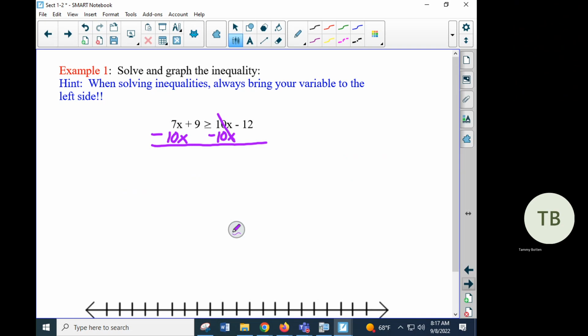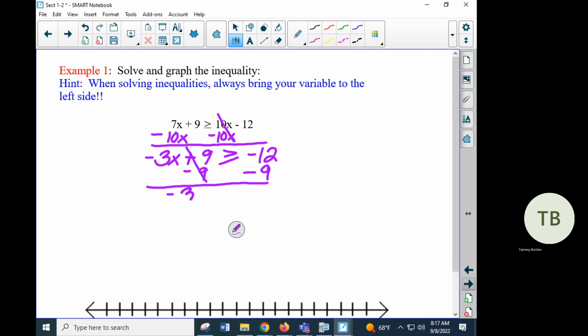Now, 7x minus 10x is -3x. And then I'd have my +9 is greater than or equal to -12. And then I just keep solving it just like it's an equation, except if I have to multiply or divide by a negative. So what I would do next is subtract 9.